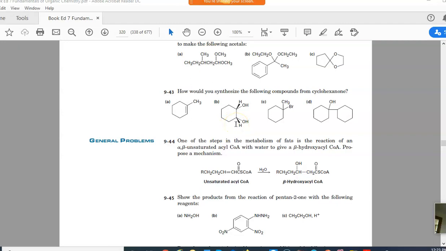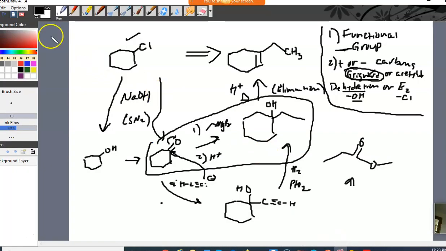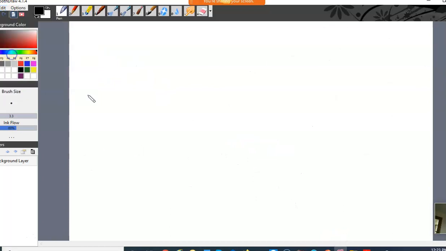Yeah, so it's kind of dealing with the 1,4 addition. Whenever you have an alpha, beta unsaturated ketone or aldehyde with a primary amine, how do you know if you're going to get an imine or if you're going to do the conjugate addition? So it will always do a conjugate addition over the imine.